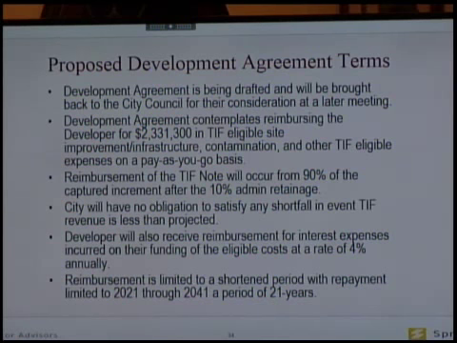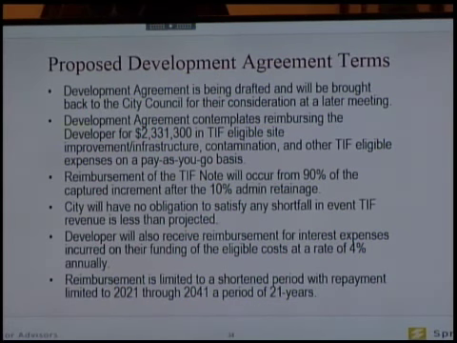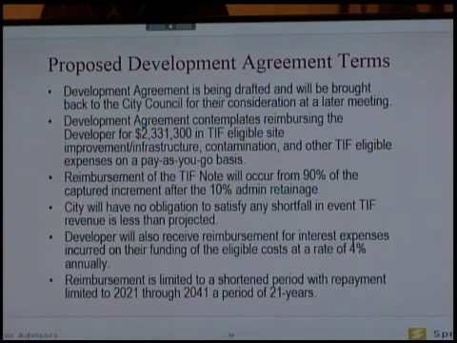It contemplates reimbursing the developer for $2,331,300 in eligible site improvements, eligible expenditures related again to demolition, the infrastructure improvement, contamination, other expenses as outlined in the statute.